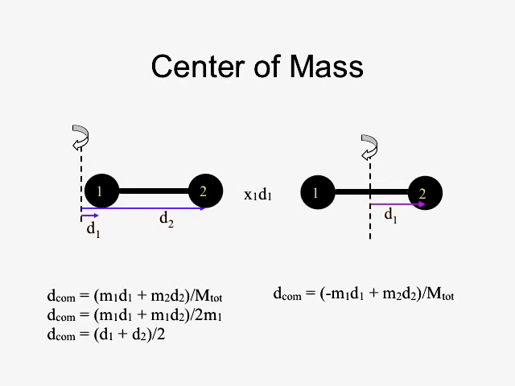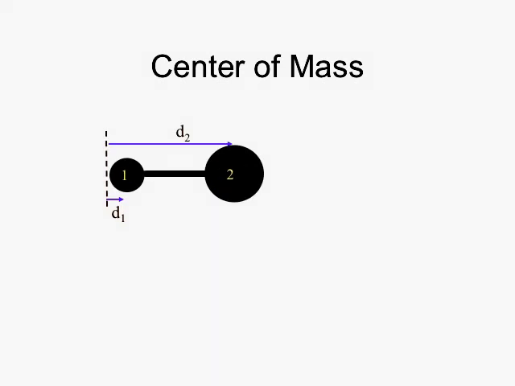Again, looking at our equation, m1 d1 plus m2 d2 divided by the total mass m1 plus m2. Let's say the mass of dumbbell 2 is 5 times as great as the mass of 1. So therefore, our total mass is 6 times the mass of 1.